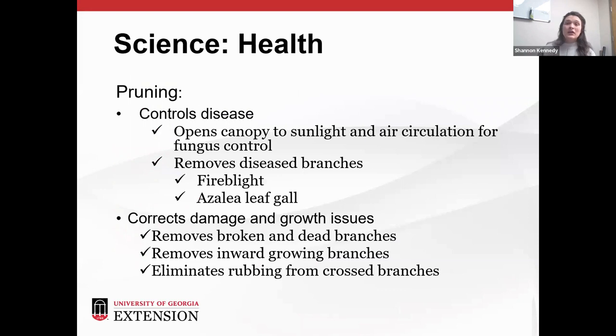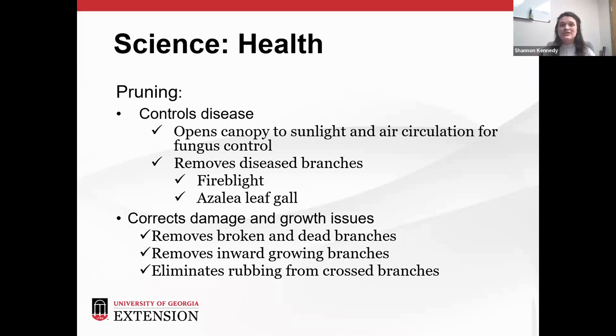Now, there is a lot of good that can come from pruning a plant in regards to a plant's health, right? Pruning is often a really critical component of controlling disease in a shrub or tree. It will open the canopy of the plant up so air is able to circulate throughout the plant.